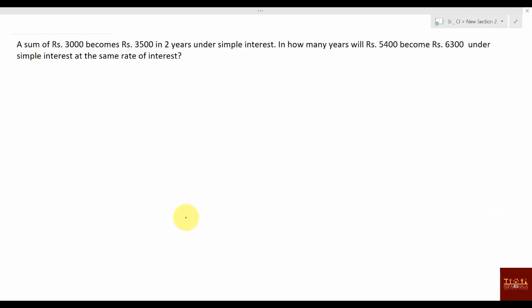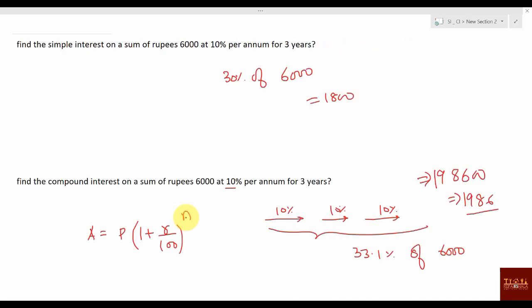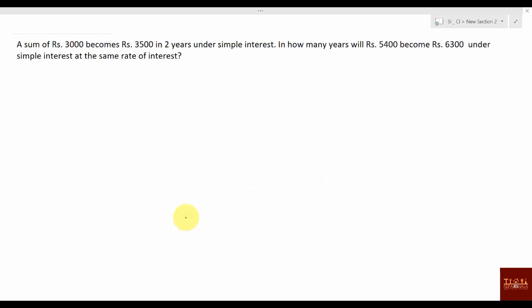Now understand one more thing. If you remember your successive increment concept, this was the case.